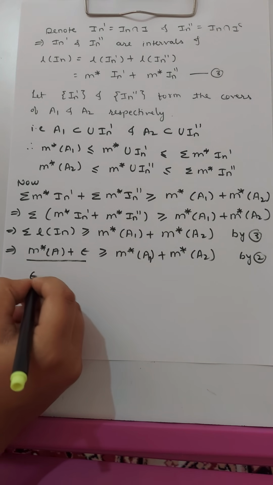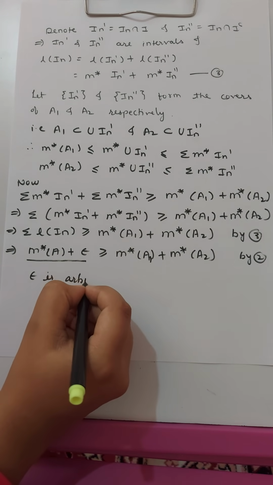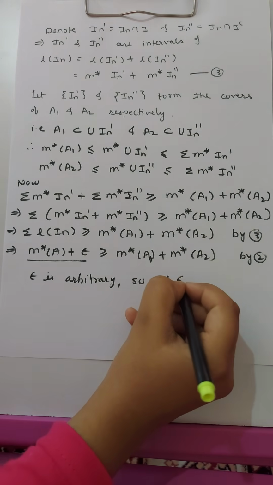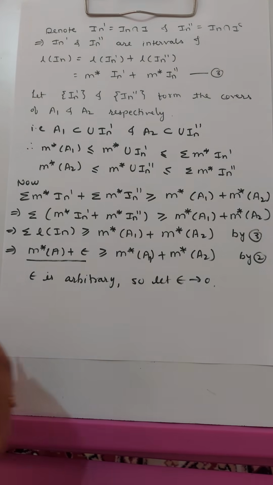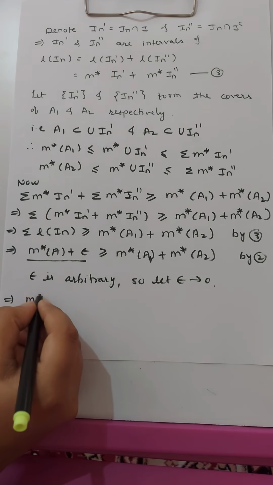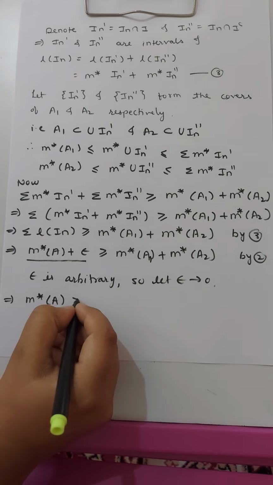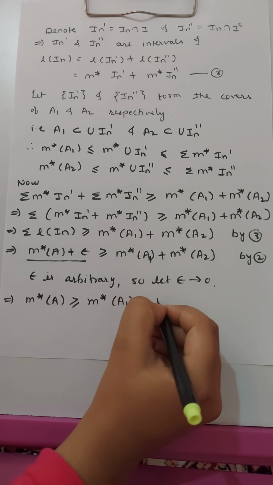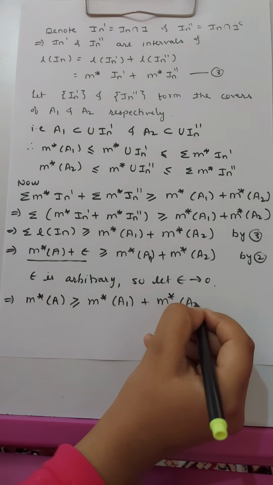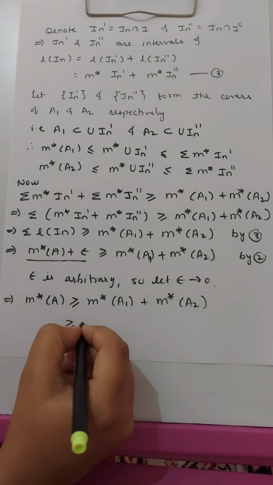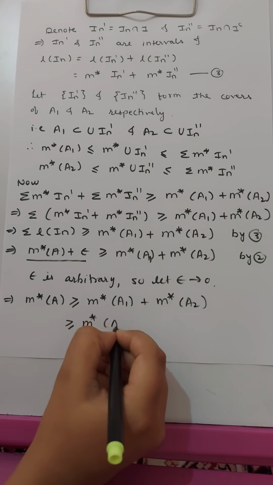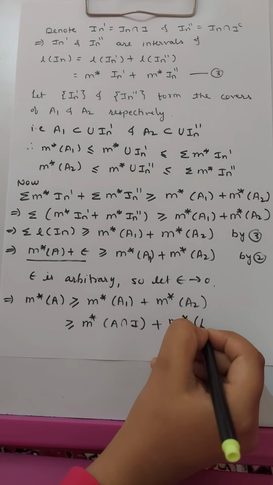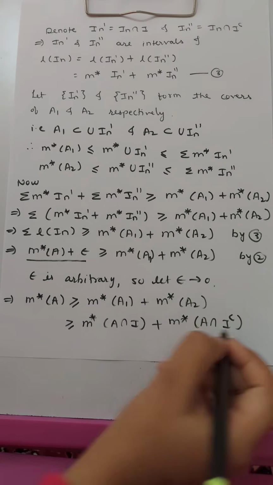So since epsilon is arbitrary, let epsilon tend to 0. This implies that outer measure of A is greater than or equal to outer measure of A1 plus outer measure of A2, where A1 is A intersection I and A2 is A intersection I complement.